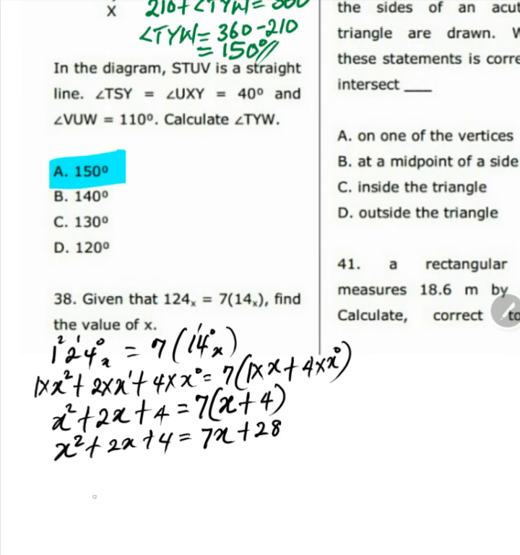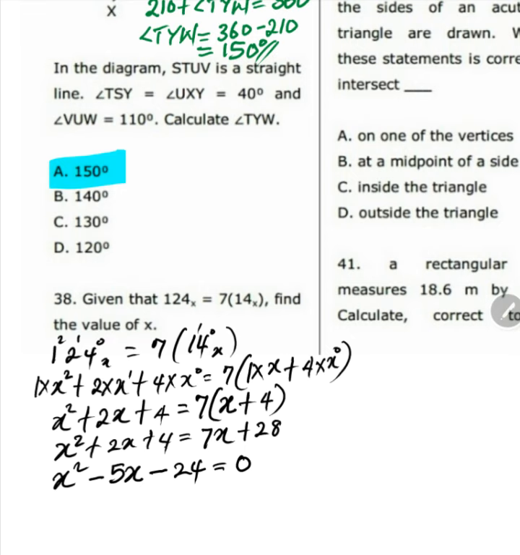So when we collect the like terms, we're going to have x squared, 2x minus 7x is negative 5x, then 4 minus 28 we give negative 24. Everything now will be equal to 0. We now have a quadratic equation as envisaged earlier.